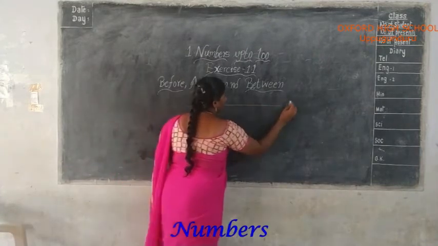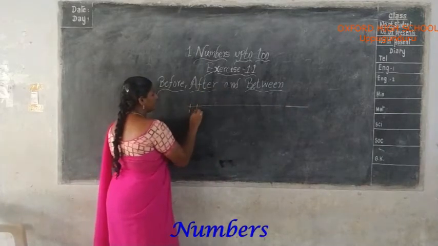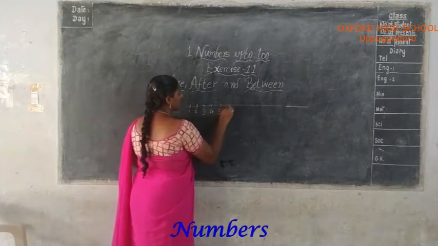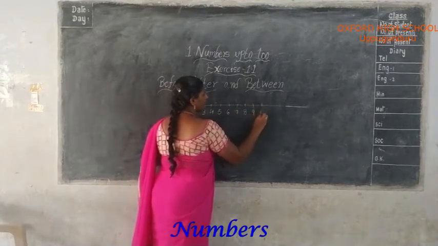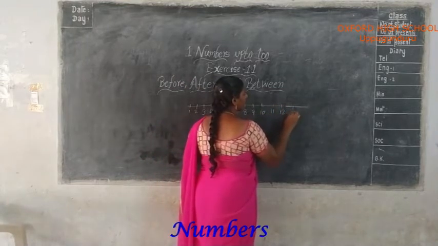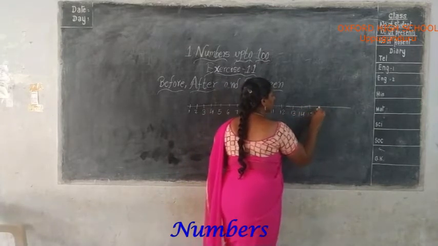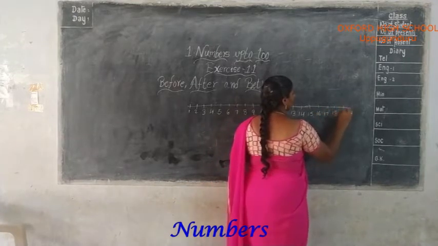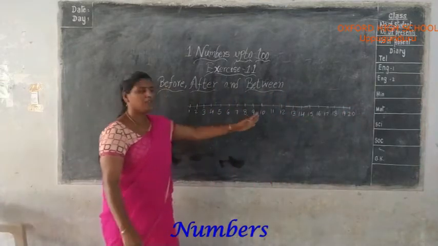Now we take the number line. See, we take from 1 to 20.